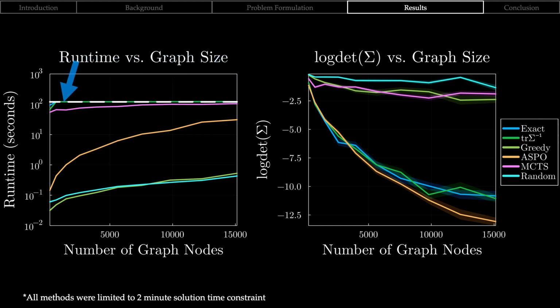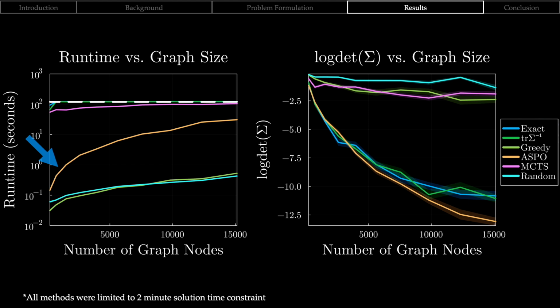Our method, on the other hand, is this approximate sequential path optimization method shown in orange. And what we see is that on smaller graph sizes, we're performing competitively with the solution to the exact mixed integer program. And on large graph sizes, we're actually significantly outperforming that solution. Not only this, but we're doing this roughly 10 to 100 times faster than the exact mixed integer program solution.